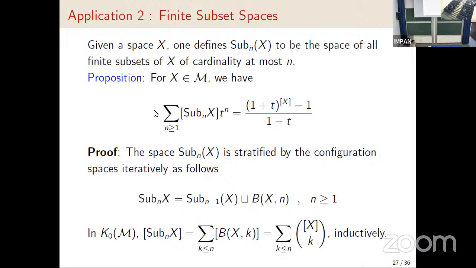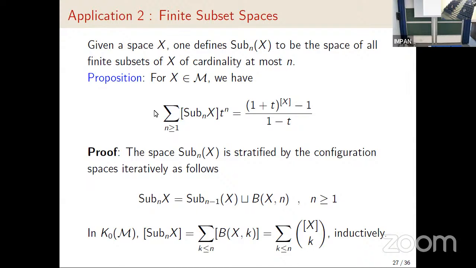So you take the subset space. It's different from the symmetric product. So Sub_n(X) is the space of all finite subsets of X, cardinality less than or equal to n. This is the space that shows up for people working on this infinity algebra. So if you want to compute, well, here's a formula. Why?